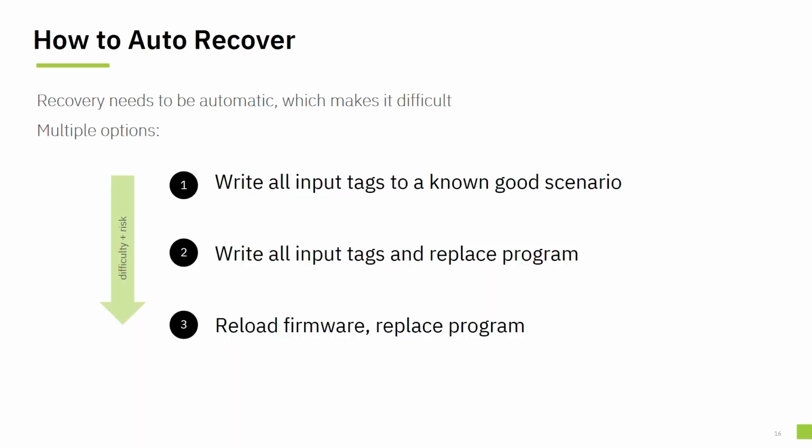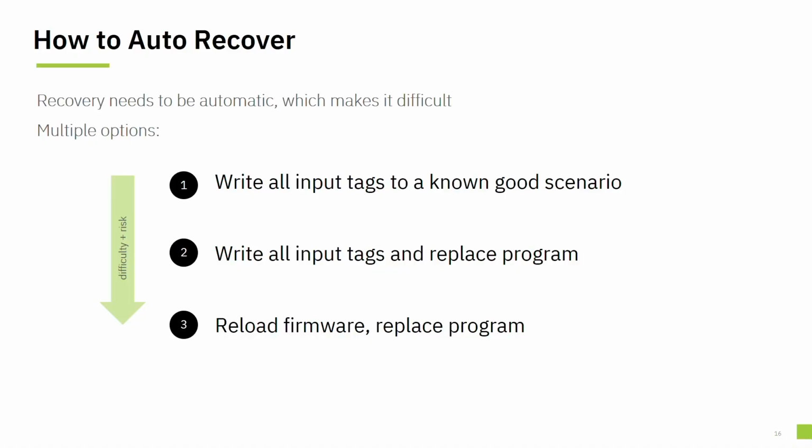So even if the attacker has removed our access from the network, we can still go and make changes to the PLC, all right? So there are three possible ways we can do this, and I have graded them by difficulty and risk, okay? The first one is we can rewrite all of the input tags to a known good scenario. That's a really easy one, could work in some cases.